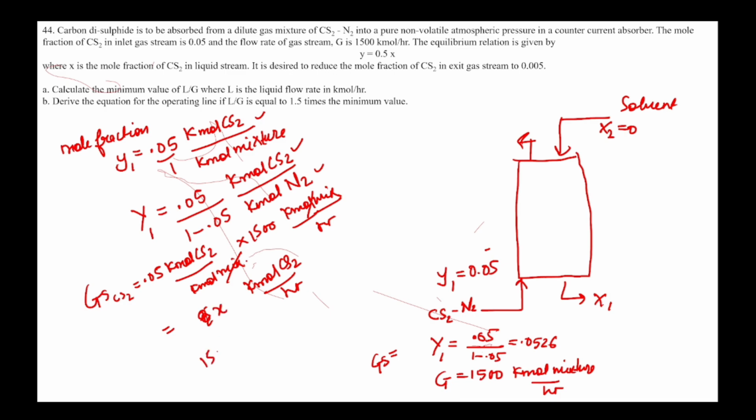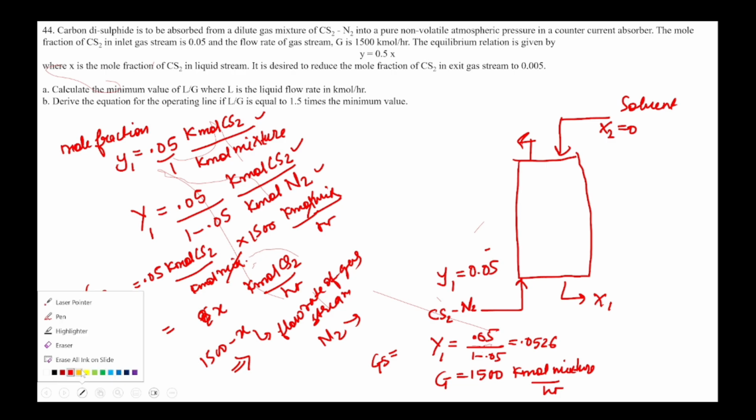Now 1500 minus x will give the solute free flow rate of the gas stream, on a solute free basis. That means you can see only N2 is there. So these are the things. But we will just look into the question now.